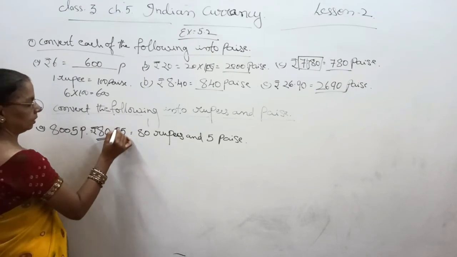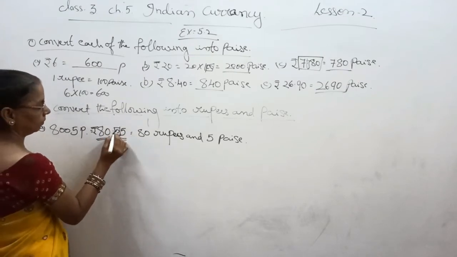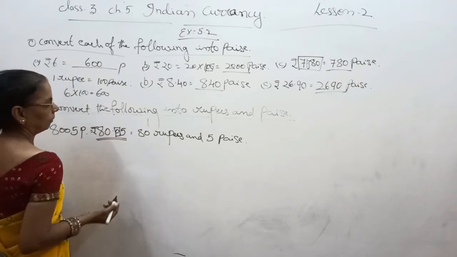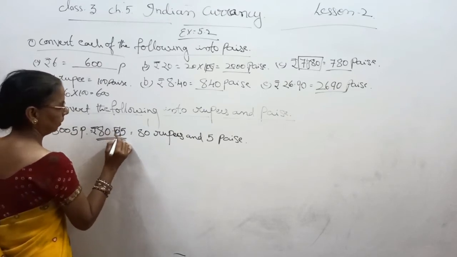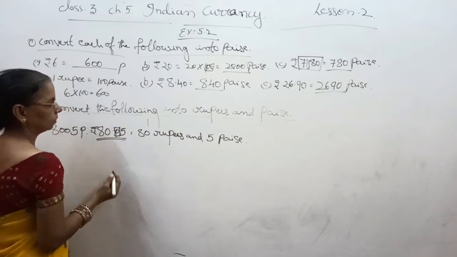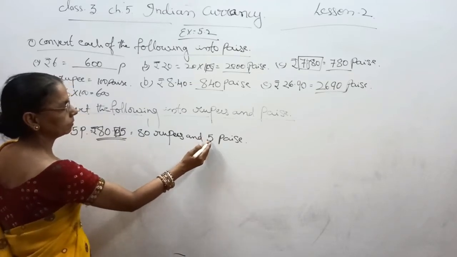Because there is a zero before the 5, it will not have any value. That's why we are saying that it is 5 paise.